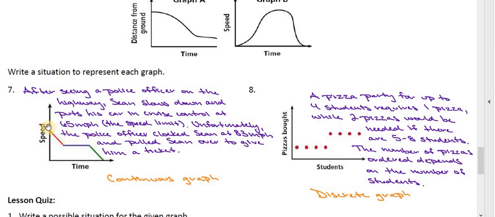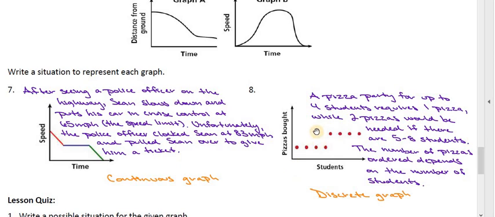So he was going at a certain rate, but then he slowed down, put his car on cruise control, and is now remaining at a constant speed of 65 miles an hour. However, unfortunately, the police officer clocked Sean going 83 miles per hour and pulled him over to give him a ticket. So Sean went from going a steady 65 miles per hour to decreasing his speed and coming to a complete stop.